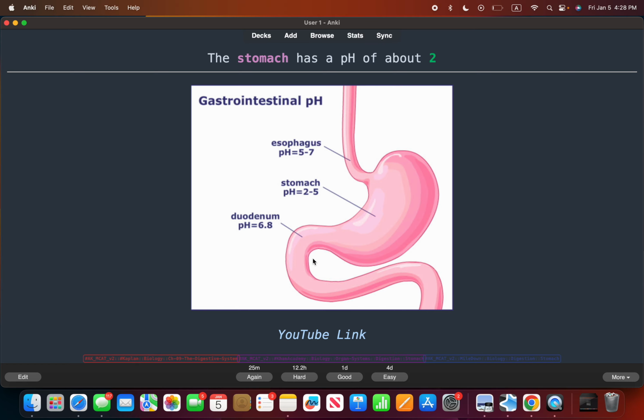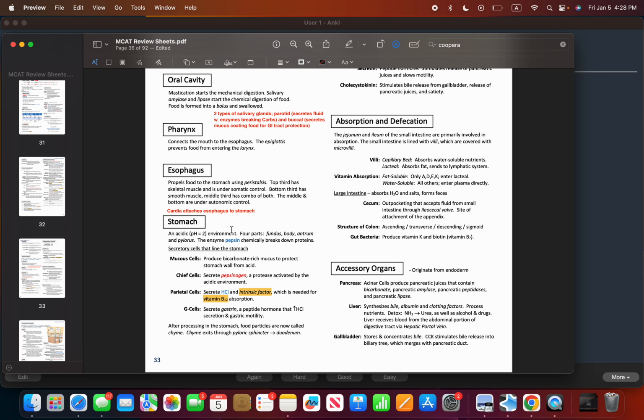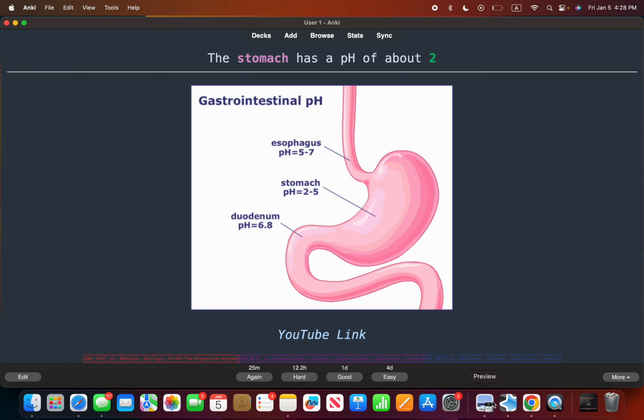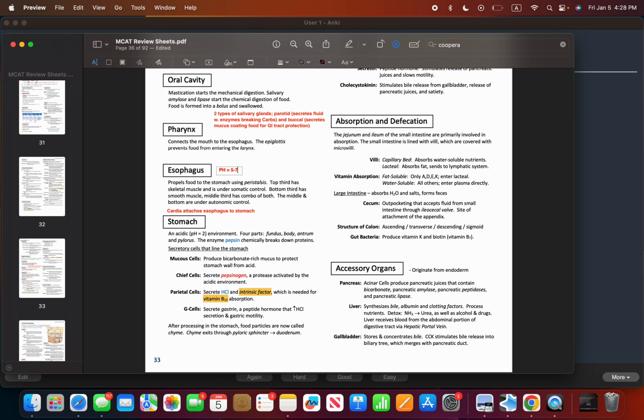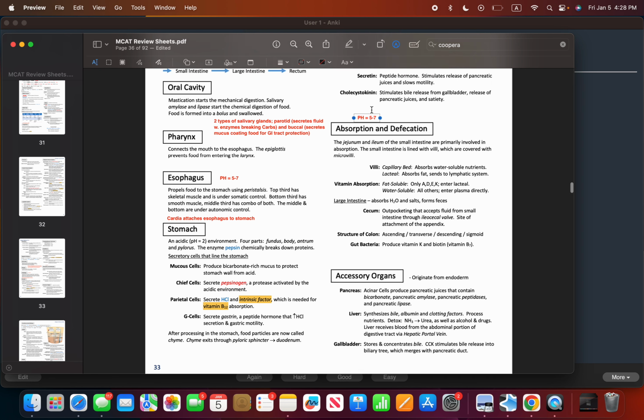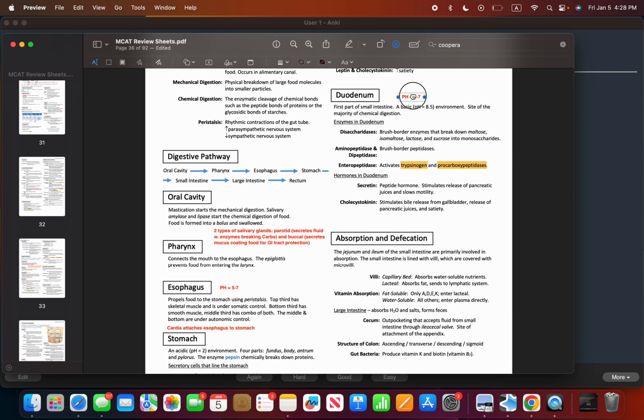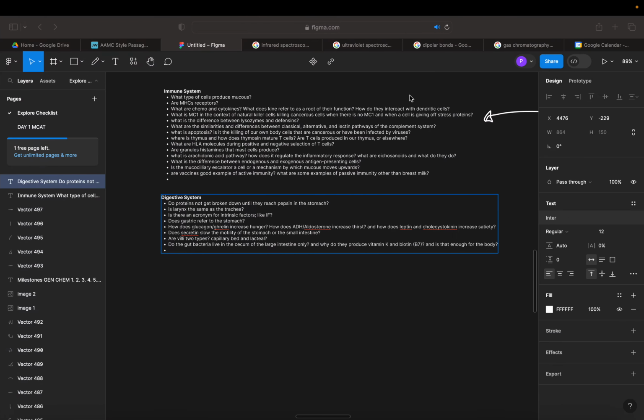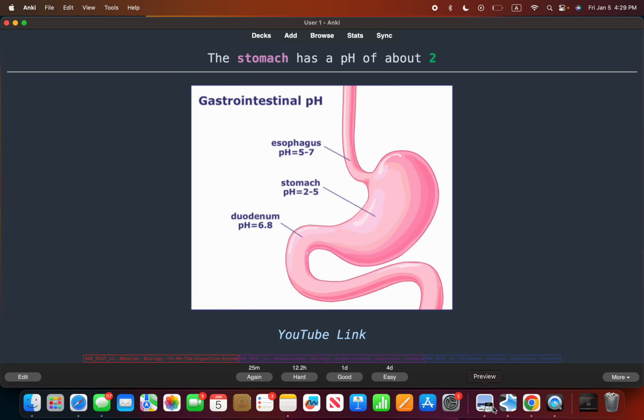Duodenum is 6.8, a bit more acidic. pH equals 5 to 7, yes, 5 to 7. Now for the duodenum, it is 6.8.